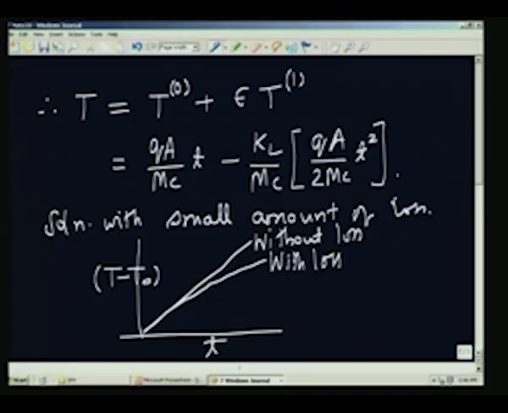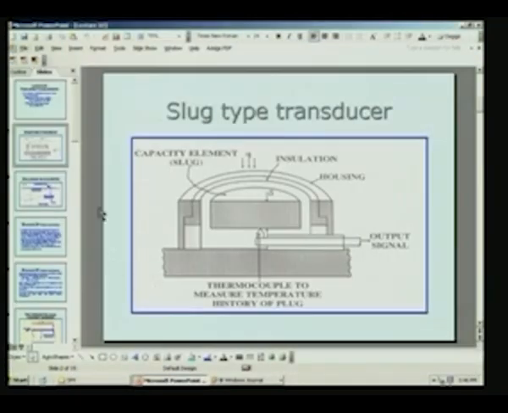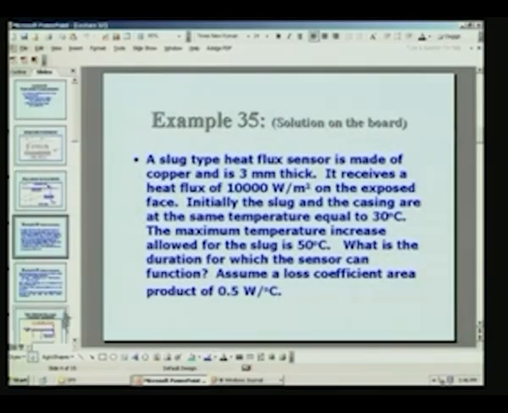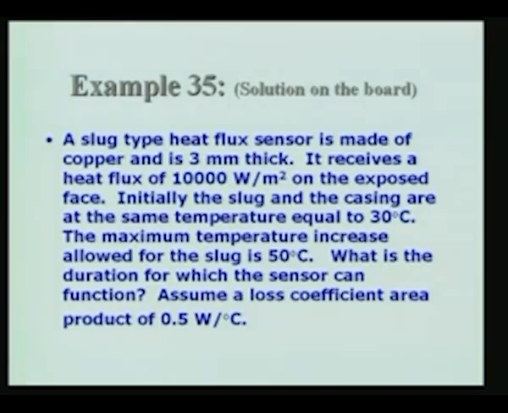So, let me take a simple example which I call example number 35, and I will work out the response. We will first look at the formulation. Example 35: we have a slug type heat flux sensor which is made of copper and it is 3 millimeters thick.